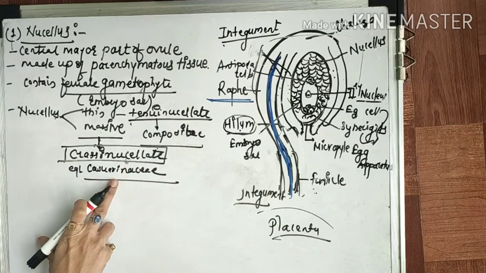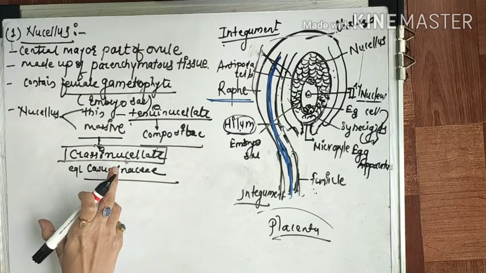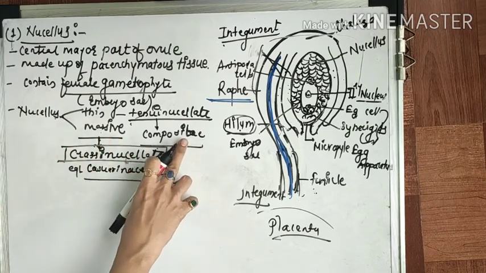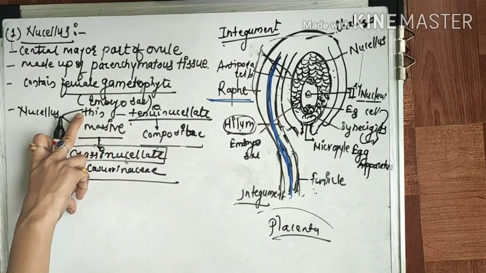So in those members of the family, the nucellus occurs in massive form, and in the Compositae members, the nucellus occurs in thin form.